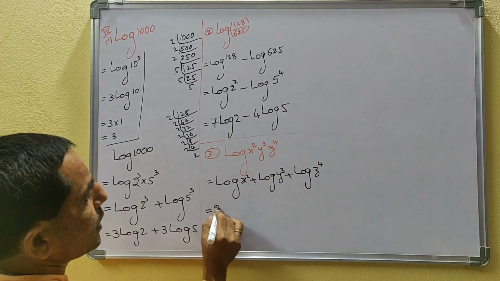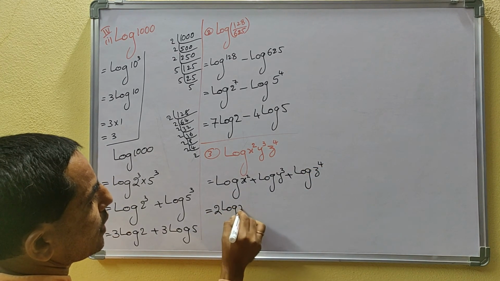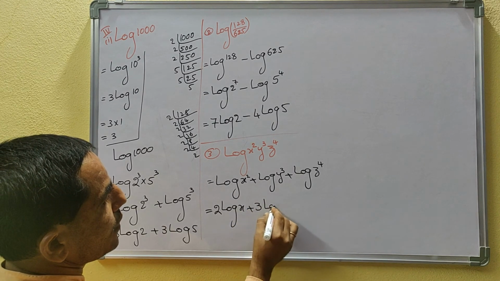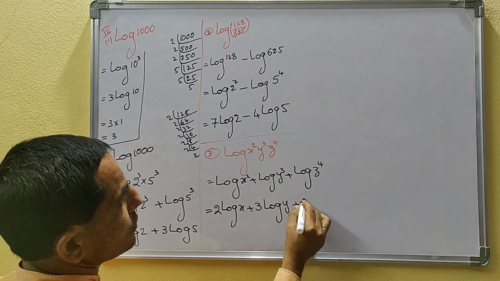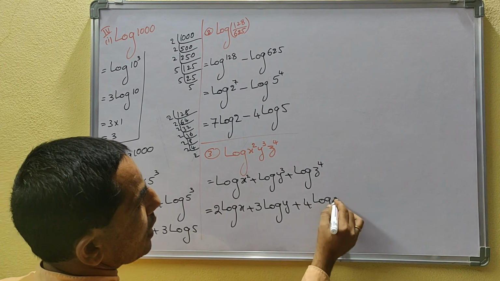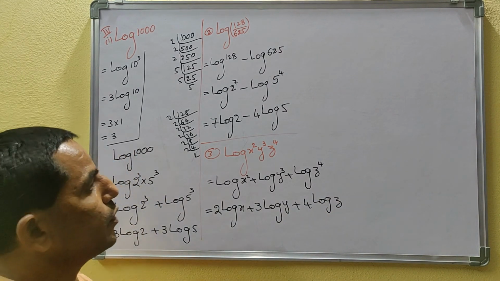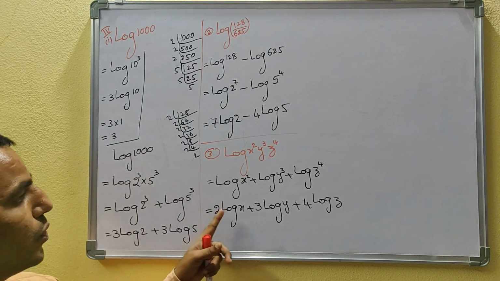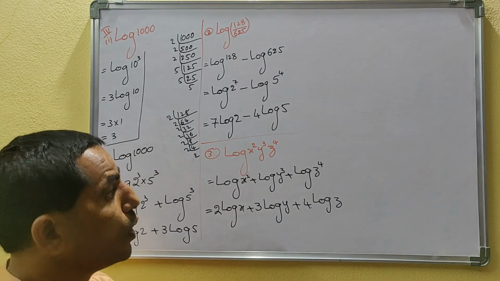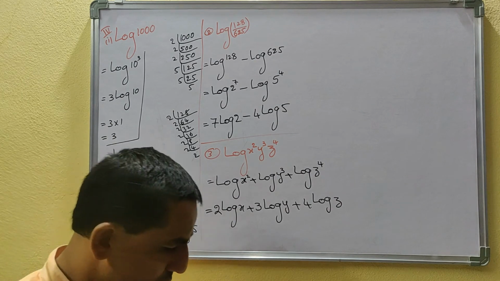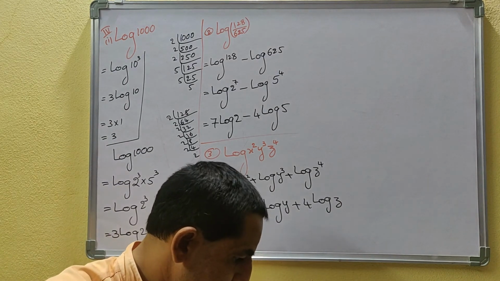It can be written as 2 into log x plus 3 into log y plus 4 into log z. So this is the answer. Log x square y cube z power of 4 is equal to 2 log x plus 3 log y plus 4 log z. This is the third question answer.